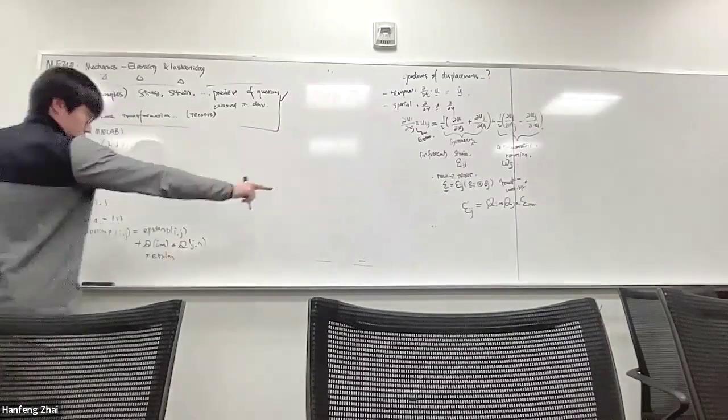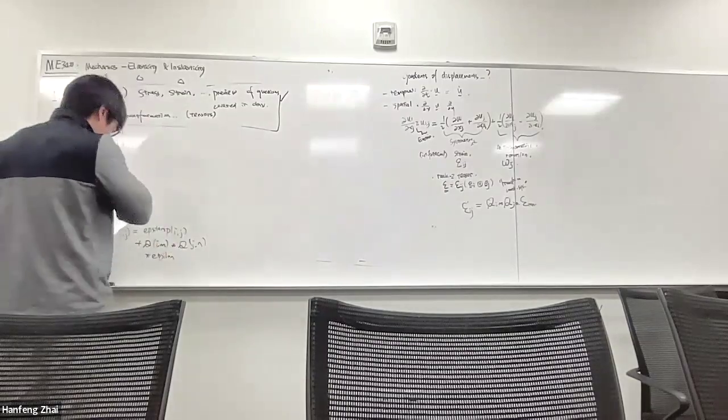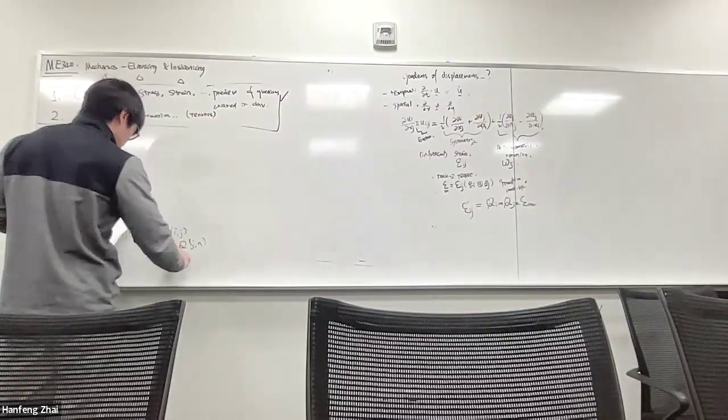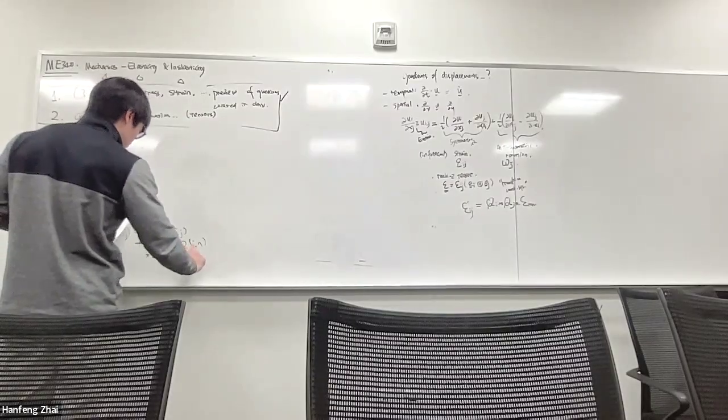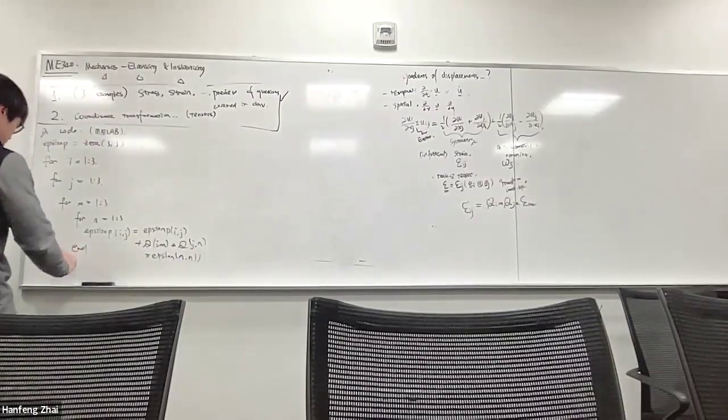There's no prime here because we're just multiplying the original strain tensor, represented as numbers in the form of a matrix. And then in MATLAB, you don't want to print it out, and you can end the loop.